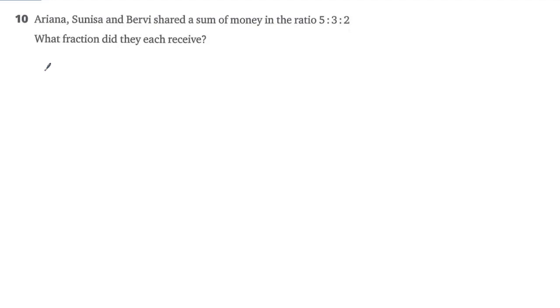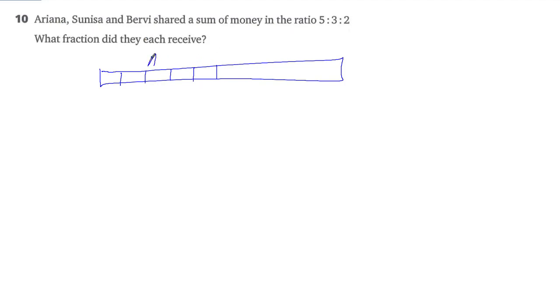So if they separate them into 10 equal parts, 5 of those parts will be for Ariana, and 3 of those parts will be for Sunisa, and 2 parts from those will be for Bervi.